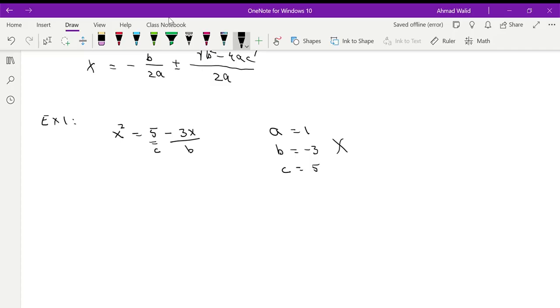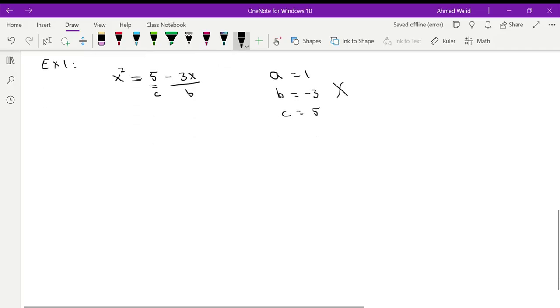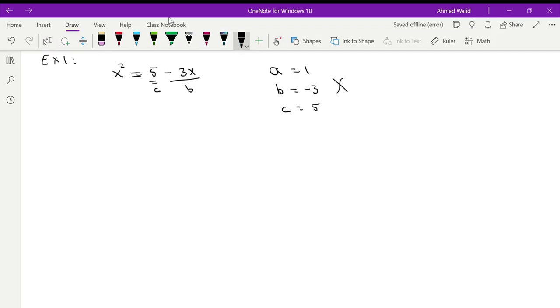Then my recommendation to you is that every time that you see an equation in this format, your step one should be to bring everything to the left side and make one side 0, correct? It means in this equation, I'll subtract 5 and I'll add 3x to both sides.